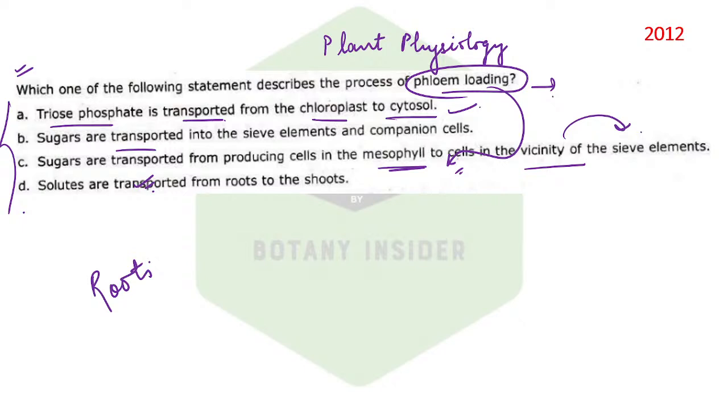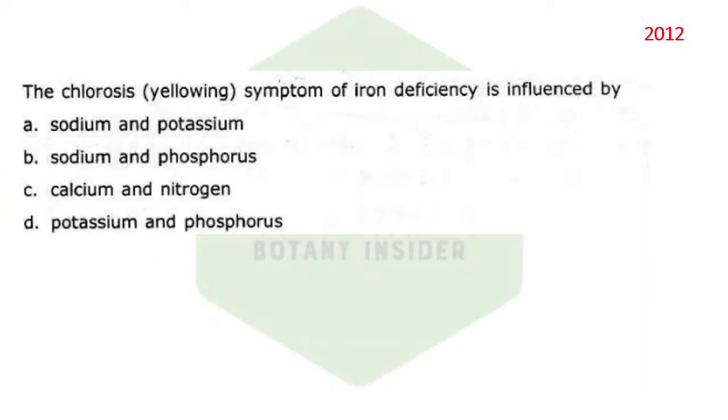Easy question. Answer for this is option number C. Obviously, very simple. How do we actually describe phloem loading? It is described as from your mesophyll cell, we are sending the content to your sieve elements, right? So, via your sieve elements. So, C is the most appropriate answer.